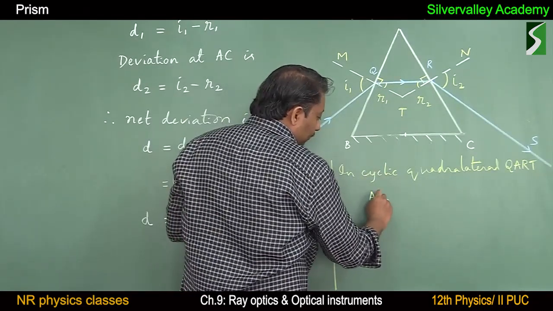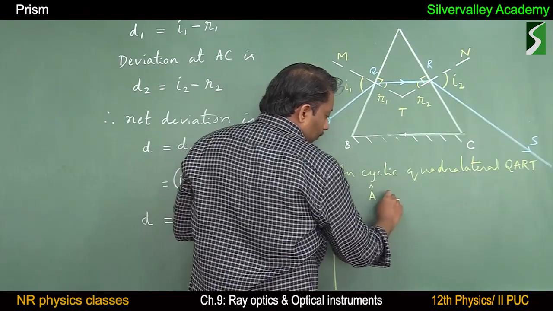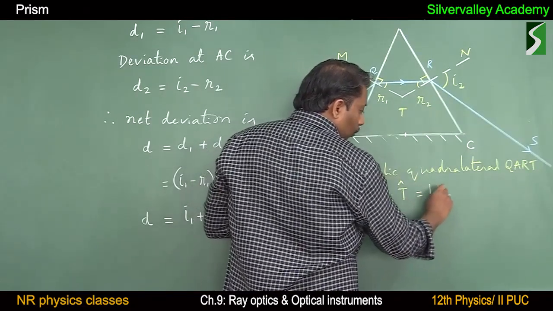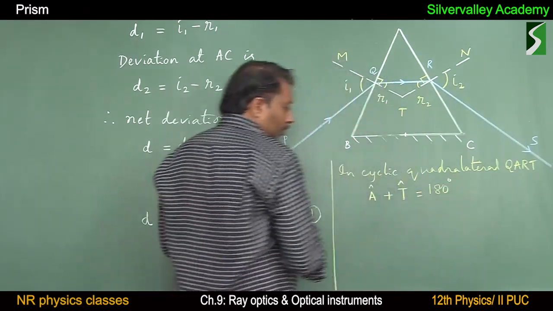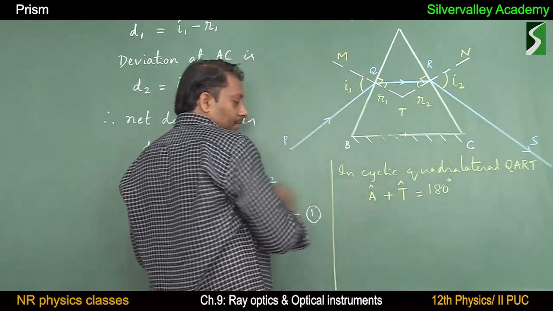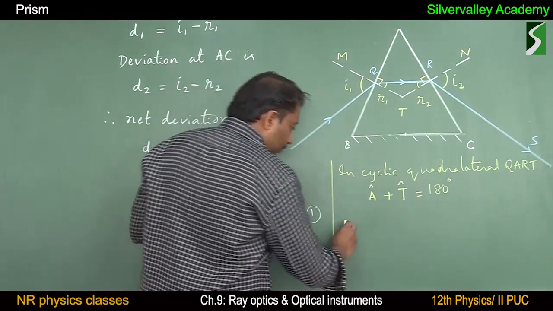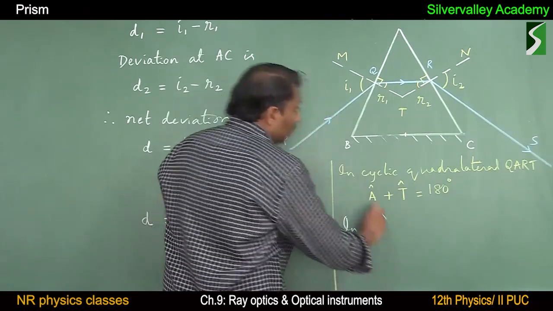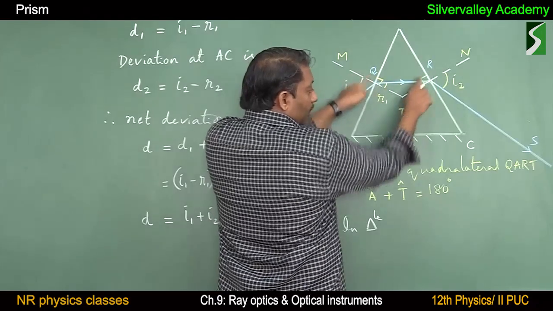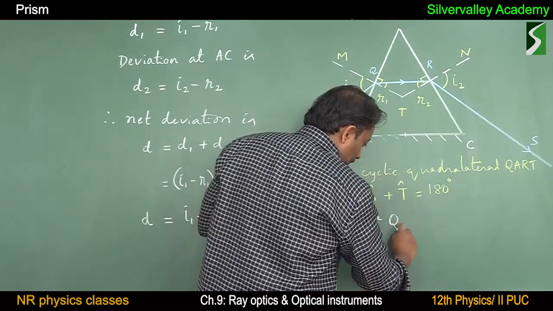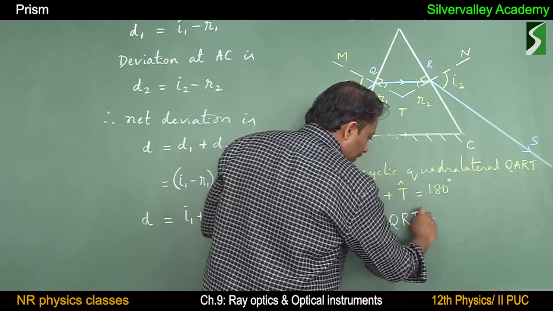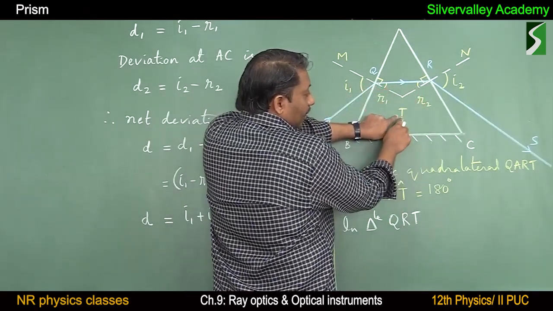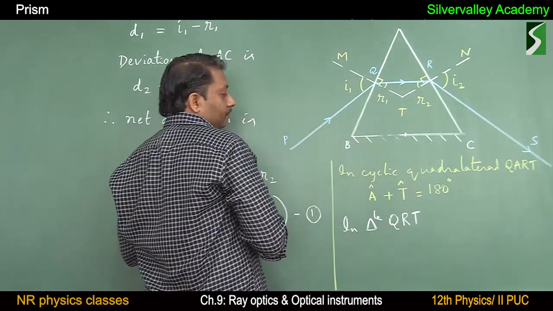So, angle A plus angle T equal to 180 degrees. In triangle QRT, sum of 3 interior angles of a triangle is 180 degrees.